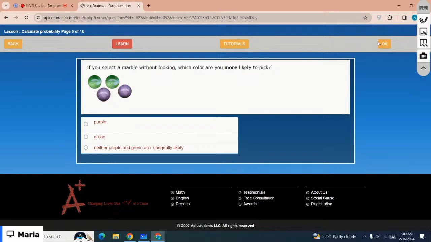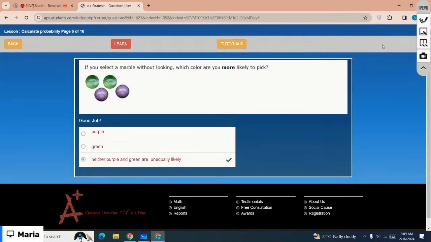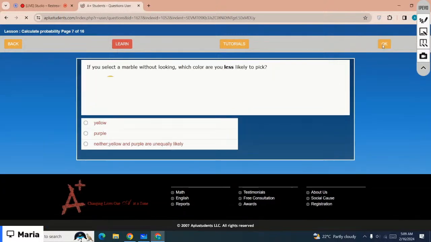The correct option is neither. Purple and green are equally likely.